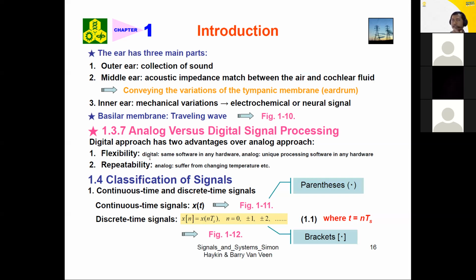When we use a digital signal, it is easier to manipulate, to reconstruct, to repeat, I mean to reproduce the signal. Also, in terms of interference, the digital signal is more robust than the analog signal.